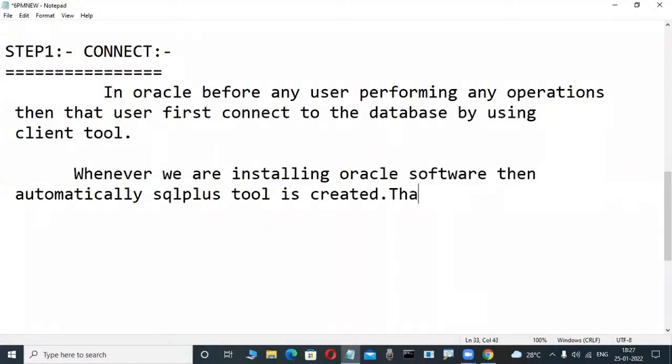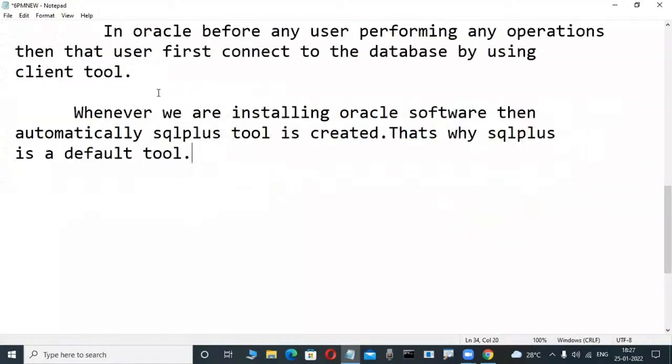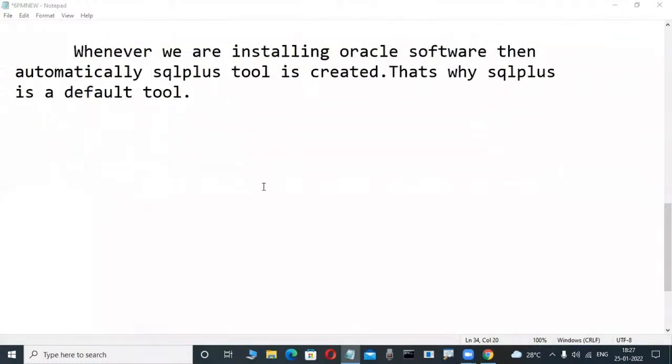That's why SQL Plus is a default tool. Default tool means you are not required to install it. Okay? That's why the SQL Plus tool is a default tool.